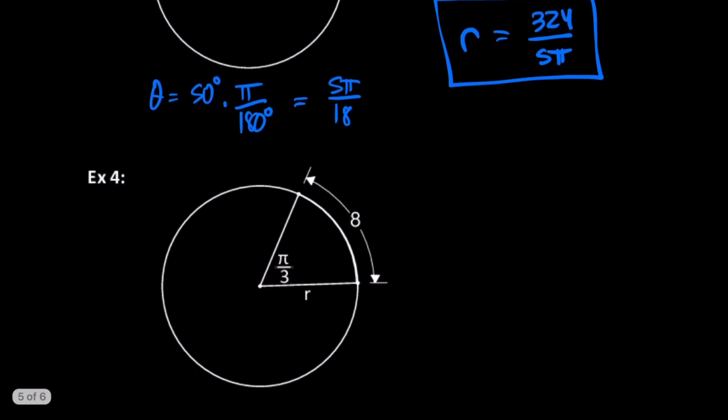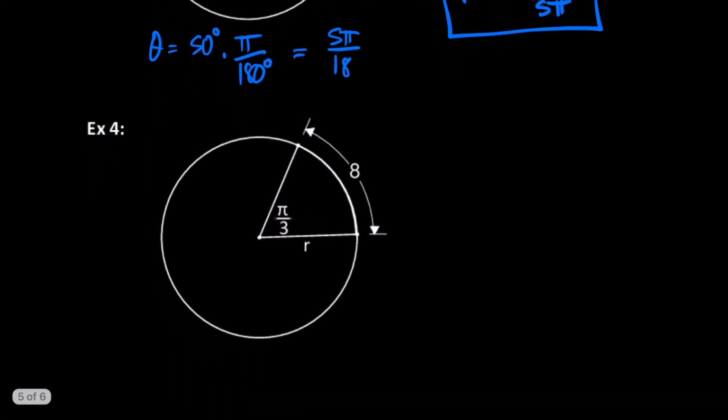Okay, let's try one more. And here you can see that my central angle is already in radians. So I'm thinking, okay, S equals theta r. You don't have to write that every time. I'm just showing you where we're getting our numbers. The arc length is 8. My central angle is pi over 3. And I'm solving for r.